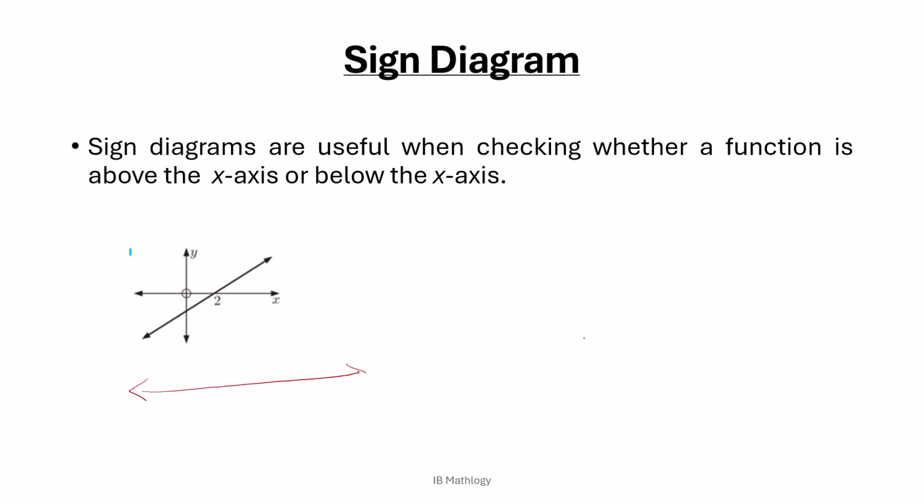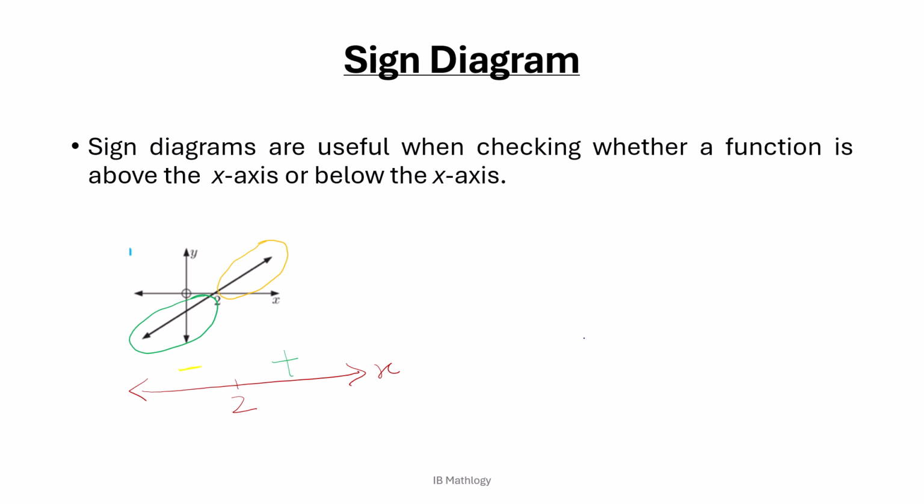First of all, you have to draw the x-axis and mark all the points on the x-axis where the line is cutting the x-axis. Now we have to look at the straight line's behavior. For all the points which are greater than 2, I am getting a positive answer. My values are increasing, so I will write plus. For all the values which are less than 2, I am getting a negative answer, so I will write minus.